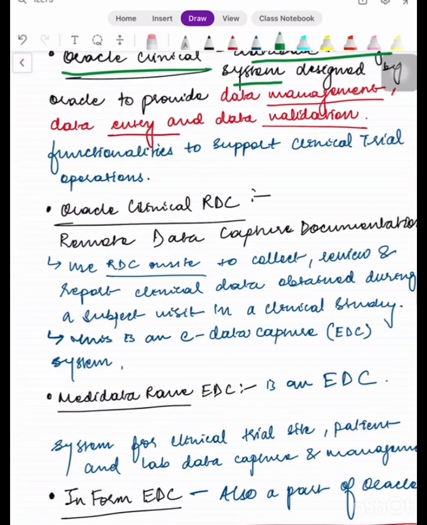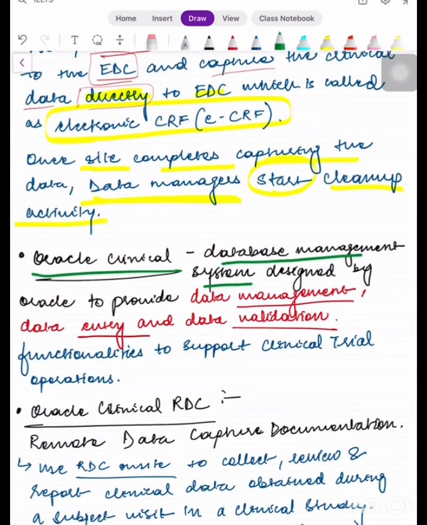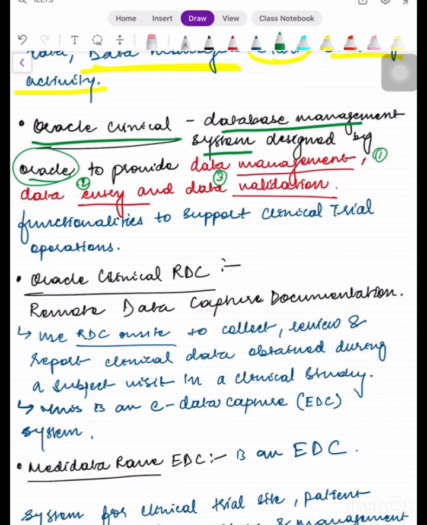Similarly, Oracle Clinical is a database management system designed by Oracle, this is the company name, to provide data management, data entry, and data validation. So it has many things in its functionality to support clinical trial operations.